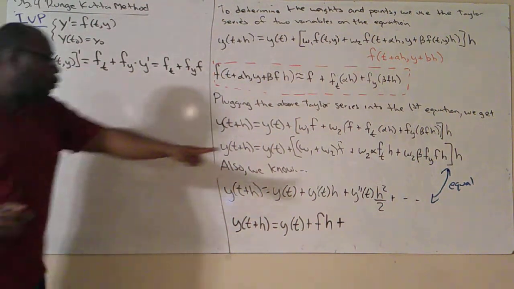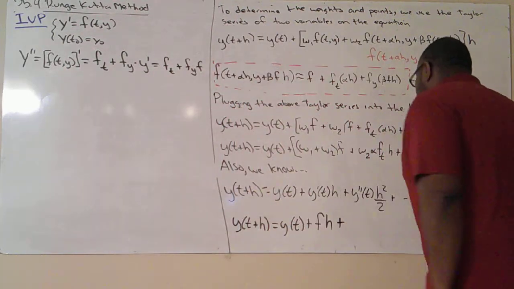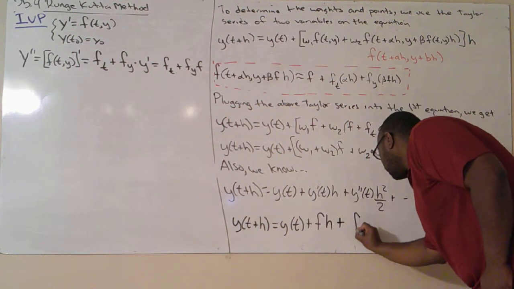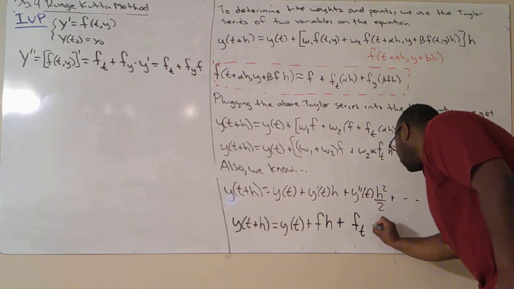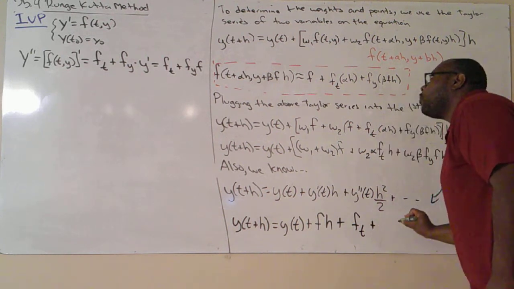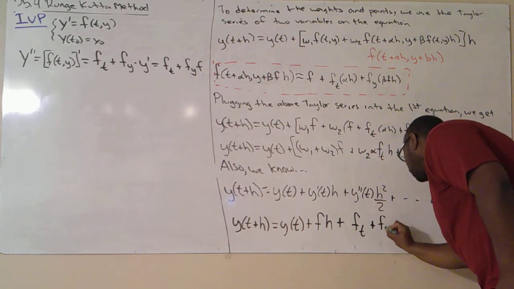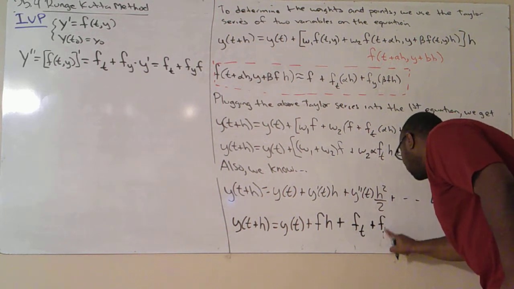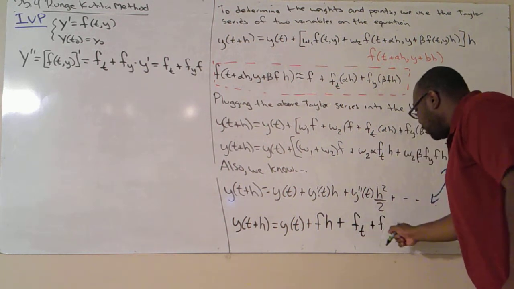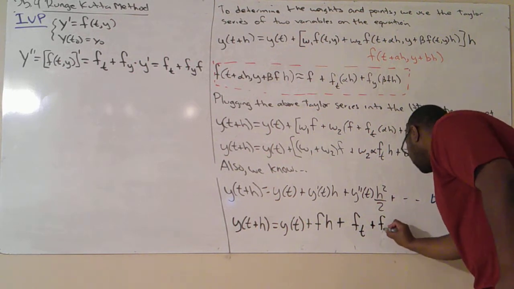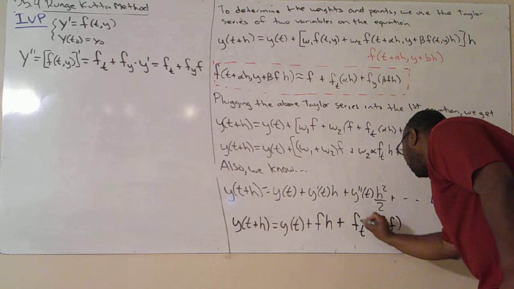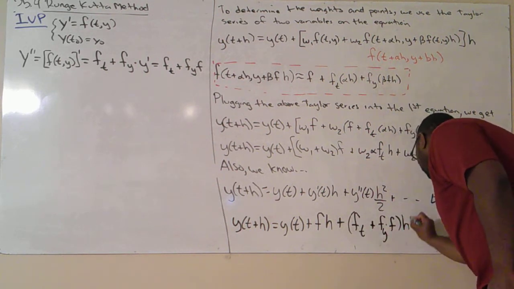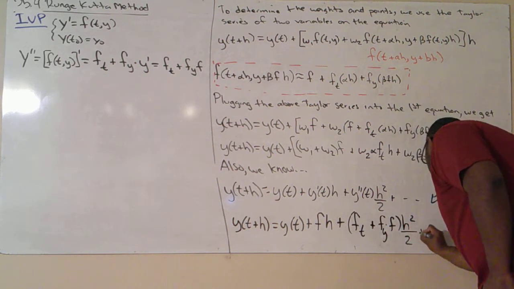Wherever I see a y prime, I can replace it with f. So we have f with respect to t plus the partial derivative of f with respect to y times f, all multiplied times h squared divided by 2.